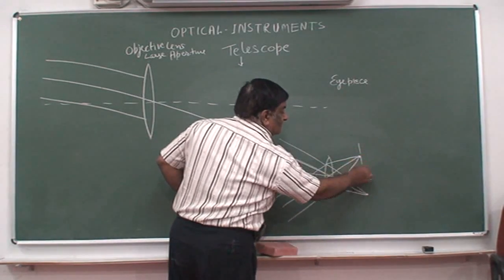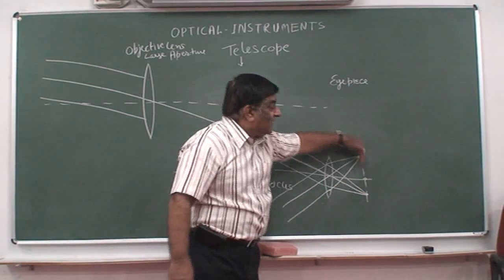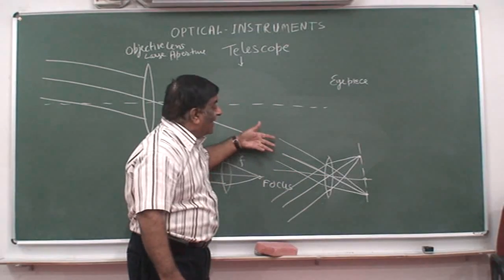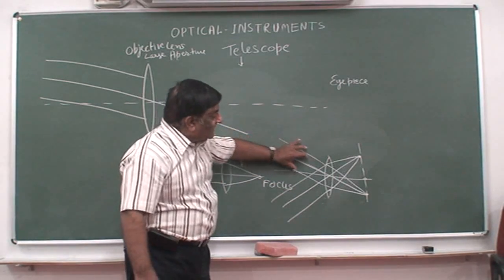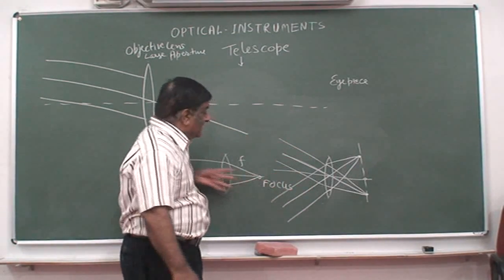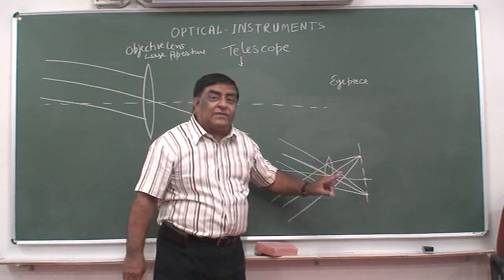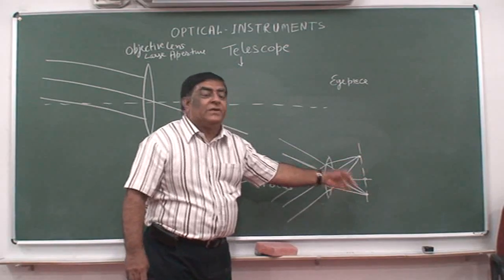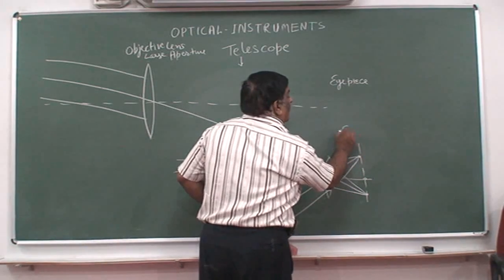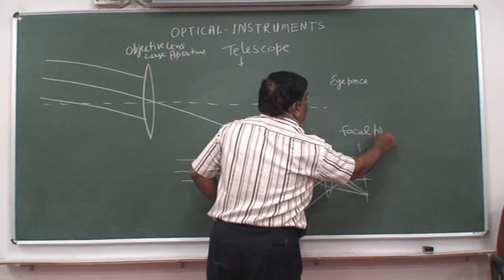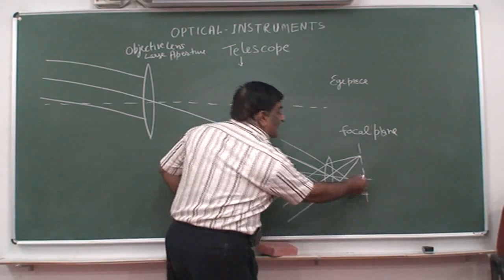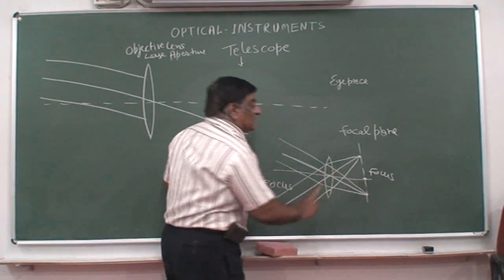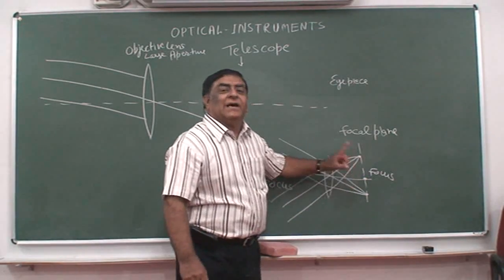What we see is that there is a plane going through the focus. If any parallel set of rays comes, all the rays will meet at some one point of this plane. The name of this plane is focal plane. This is the focus, so the focus is on the principal axis.